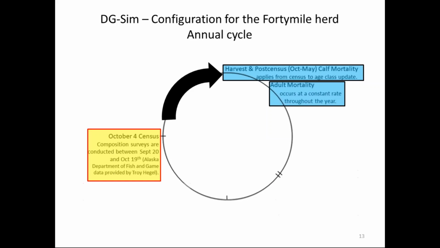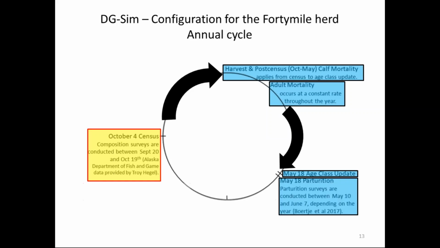And we apply adult mortality throughout the year at a constant rate. On May 18th, we age all of the existing individuals in the population by 1 year, or all of the cohorts. And then we add new calves to the population based on parturition rate estimates.